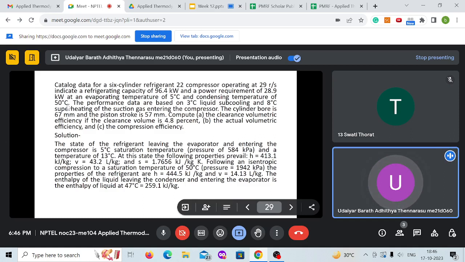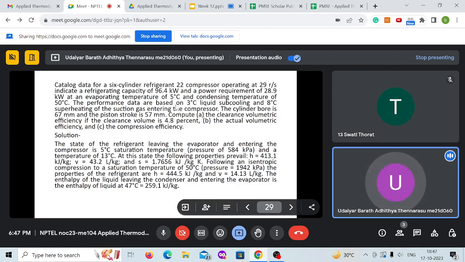The next problem: catalog data for a 6-cylinder refrigerant R22 compressor operating at 29 revolutions per second indicate a refrigerating capacity of 96.4 kilowatt and a power requirement of 28.9 kilowatt at an evaporating temperature of 5 degrees Celsius and a condensing temperature of 50 degrees Celsius.